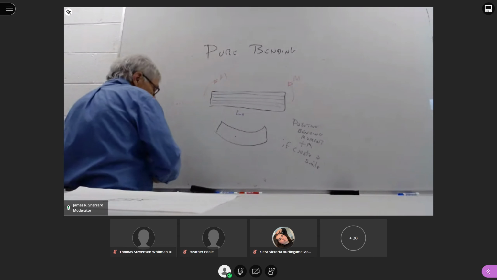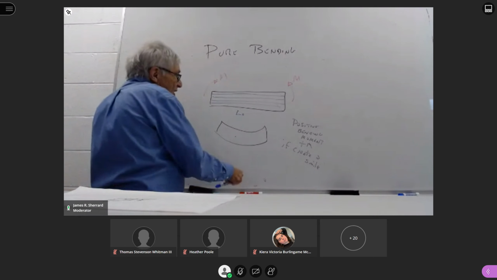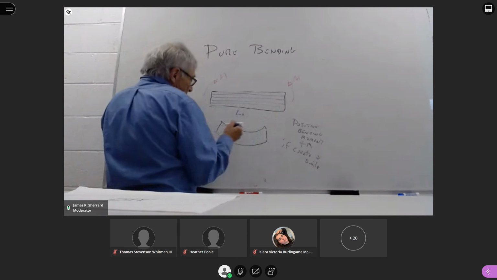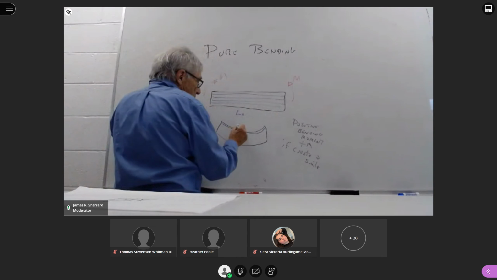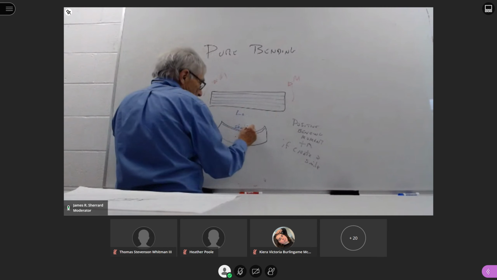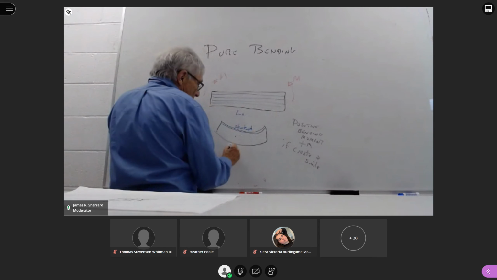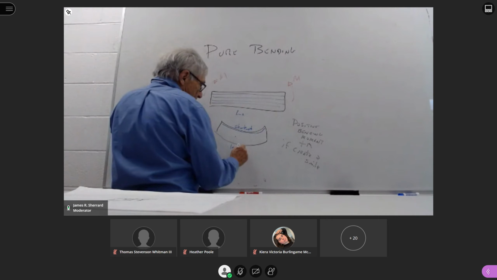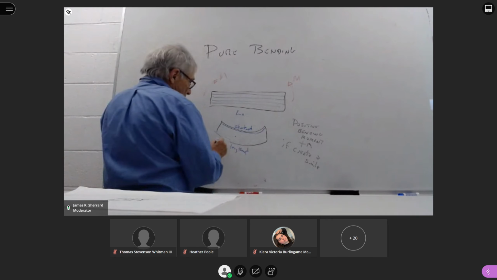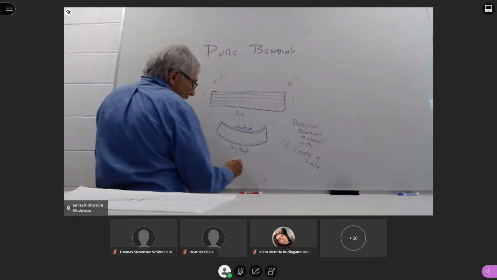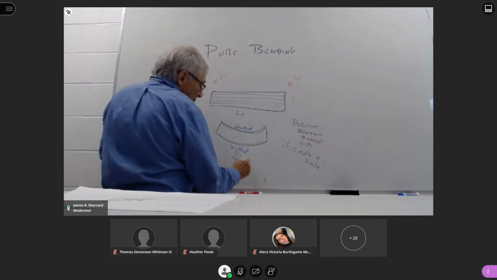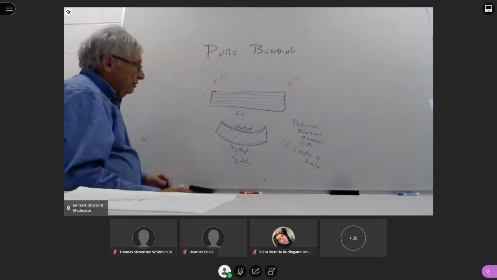When you've applied this bending moment, if you go back and look at these lines, you'll see that the ones on top have shortened. The ones on the bottom have lengthened. So the L here on the bottom is greater than my original length.